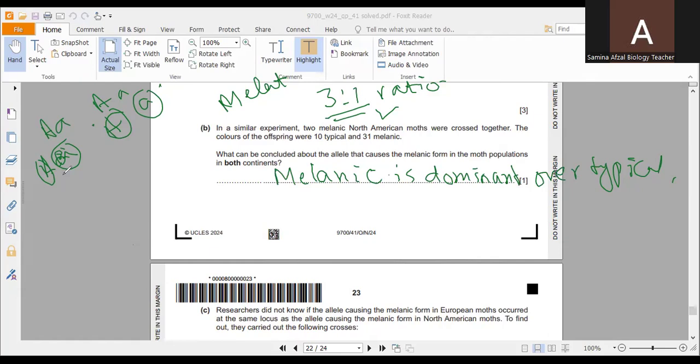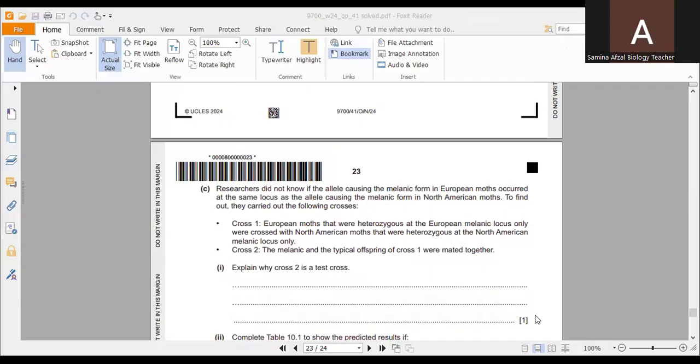Now, the next question is: researchers did not know if the allele causing the melanic form in European moths occurred at the same locus as the allele causing the melanic form in the North American moths. To find out, they carried out the following crosses.